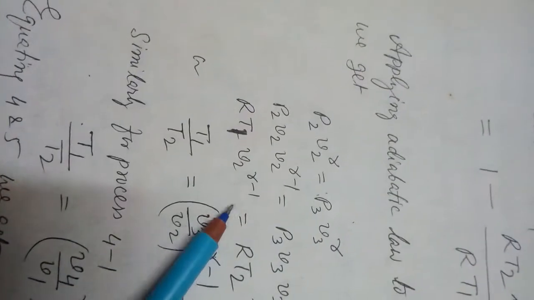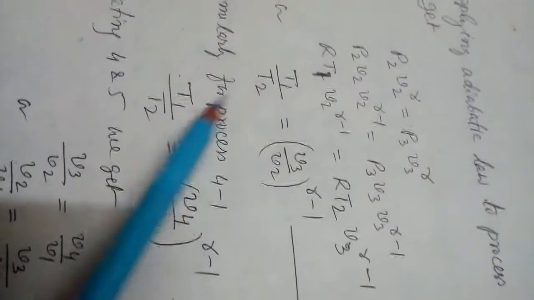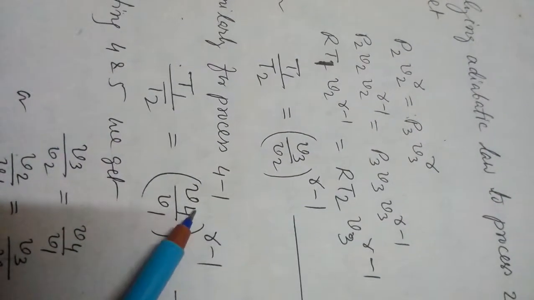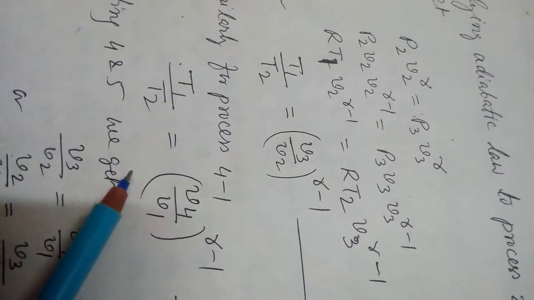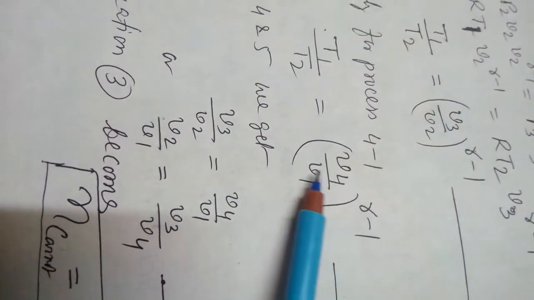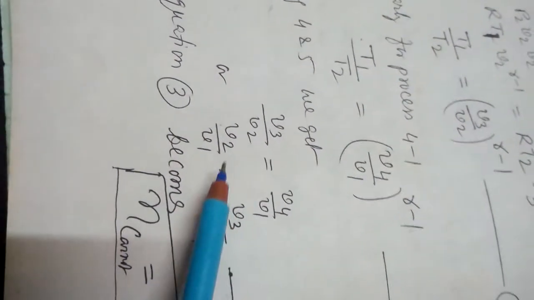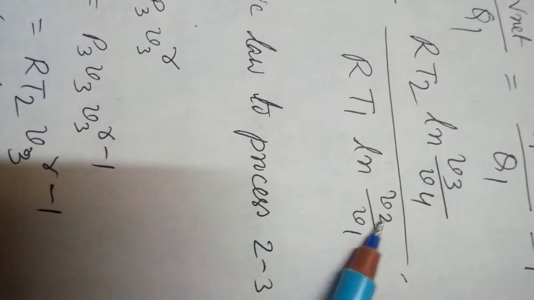This is for the process 2-3. Similarly for 4-1, the same left hand side, T1 by T2 will be equal to V4 by V1 to the power gamma minus 1. Okay, so from here you can easily understand that V3 by V2 will be equal to V4 by V1. So V2 by V1 will be equal to V3 by V4.